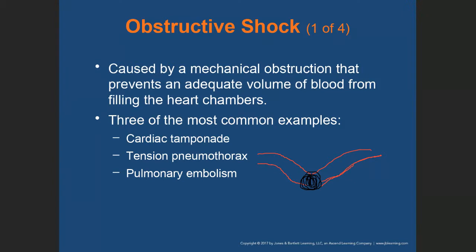If it lodges in the middle where the pulmonary artery bifurcates, that's going to cause a saddle embolus, and the patient will immediately go into cardiac arrest because there's no blood flow there. That's a complete block.